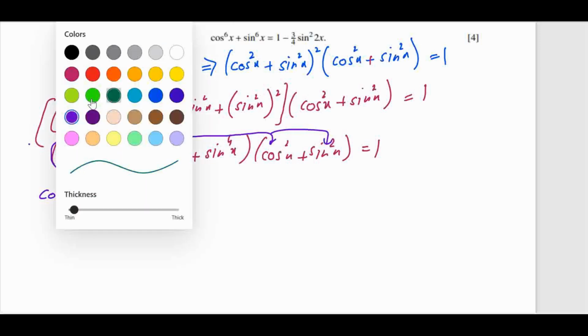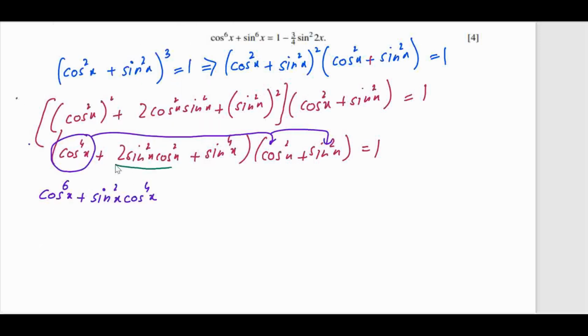Now let's multiply the second term, first with the first one and then with the second one. So if we multiply it, this will be 2 sine square of x cos 4 of x plus 2 sine 4 of x cos square of x.